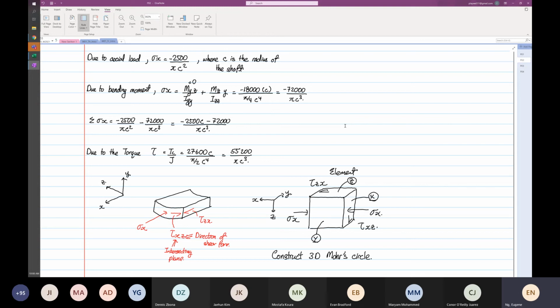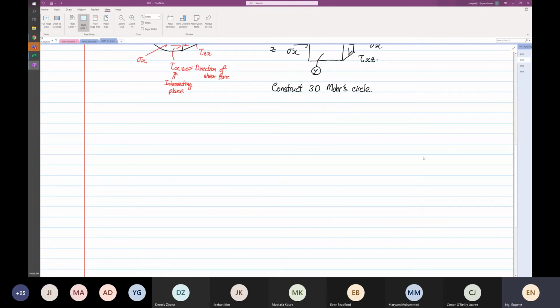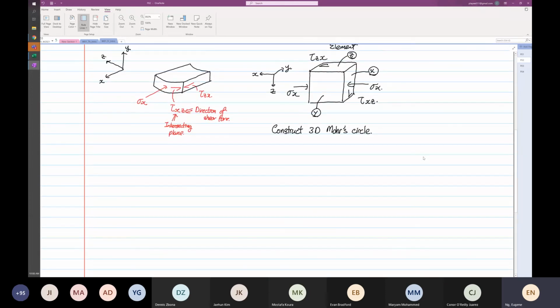Let me give you a brief preview about 3D Mohr's circle now. 3D Mohr's circle is not a sphere. 3D Mohr's circle is still a circle. Don't think, oh crap, we are going to draw a sphere now.